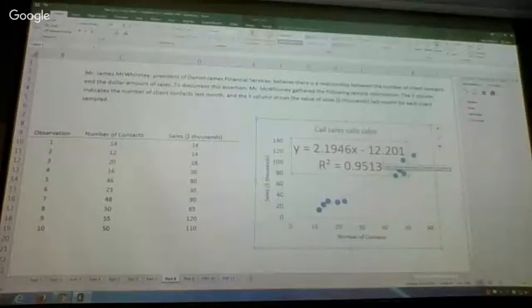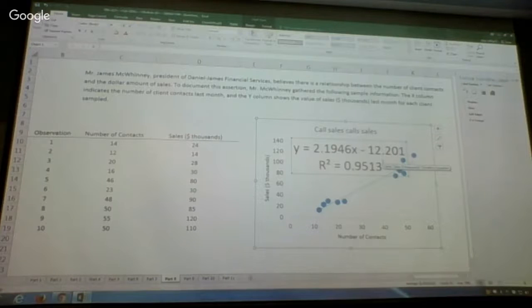Julia, how do we calculate B? It's R times S of Y over S of X. Good. Catherine, how do we calculate A? Very good. A is Y bar minus B times X bar.